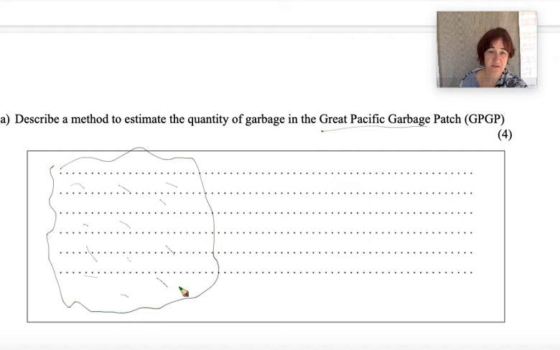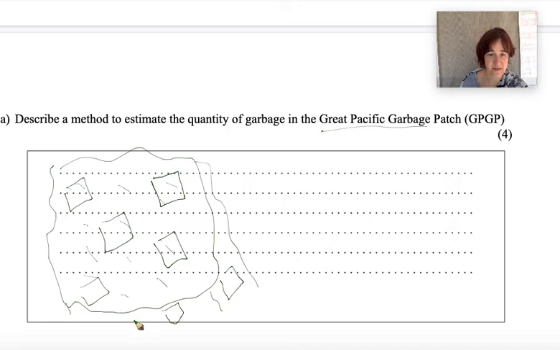If we assume it's a homogeneous area, then we could basically take samples in random areas of that plastic. Now remember, we're talking about not like a grassland where you can just put these flat, but this is three-dimensional. So it really helps if you talk about taking these standardized sample sizes at multiple depths.